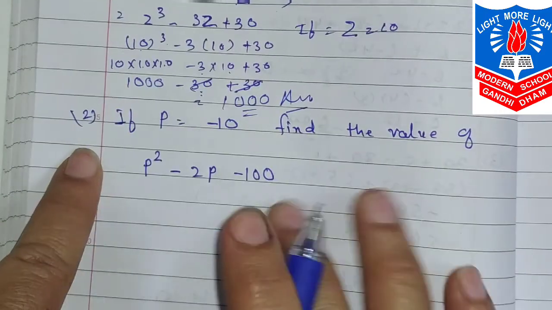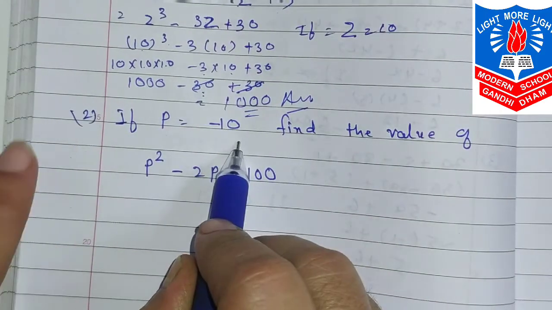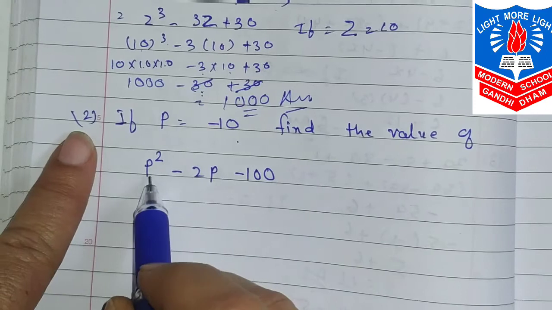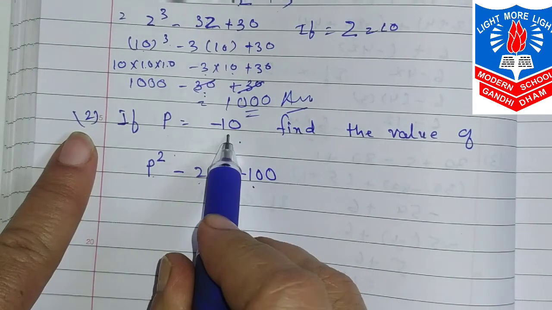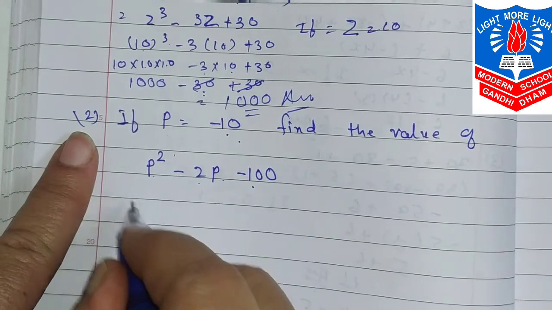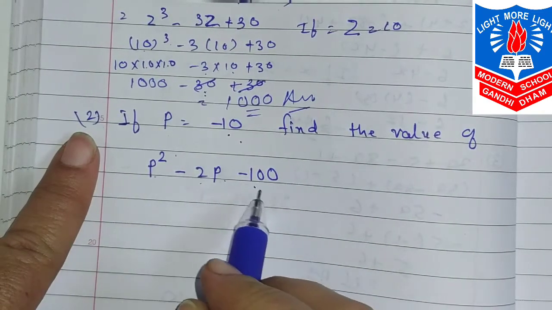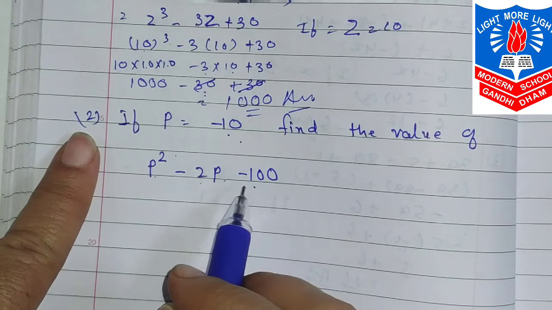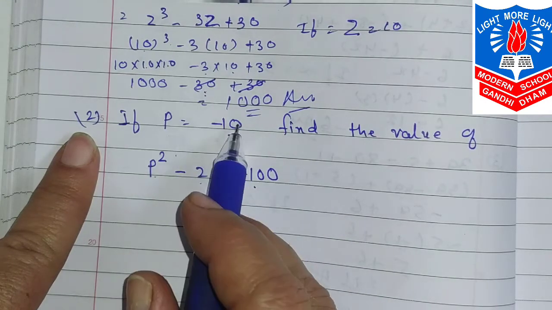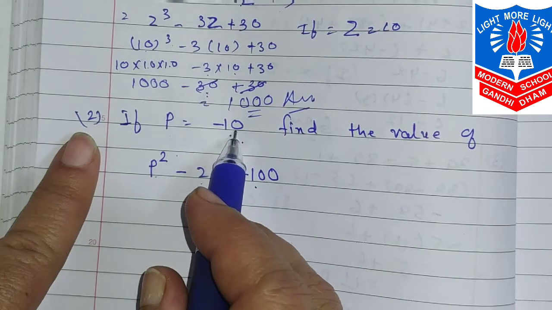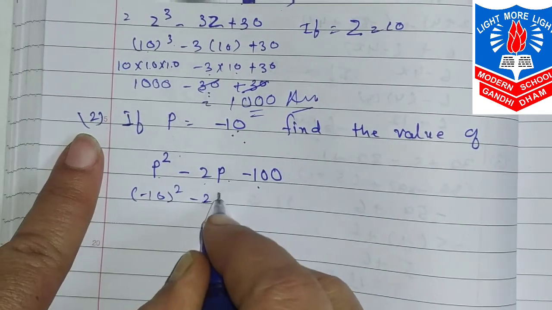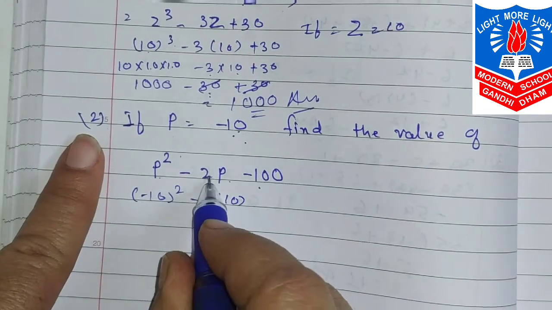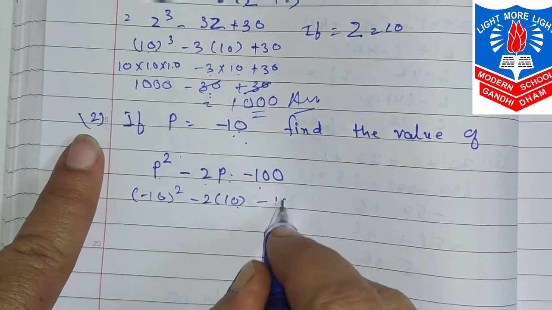Then here p is equal to minus 10. Find the value of p square minus 2p minus 100. Here the value of p is minus 10. So first, here there is no need to simplify. Nothing can be simplified here. So we keep the value directly. p is equal to minus 10. So minus 10 square minus 2 into minus 10 minus 100.